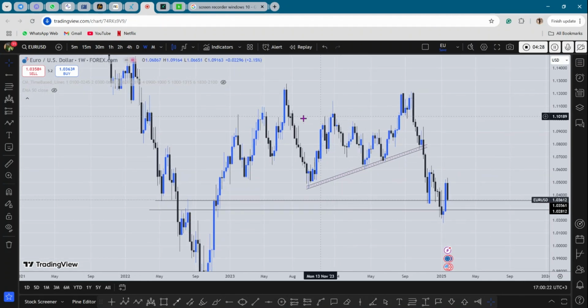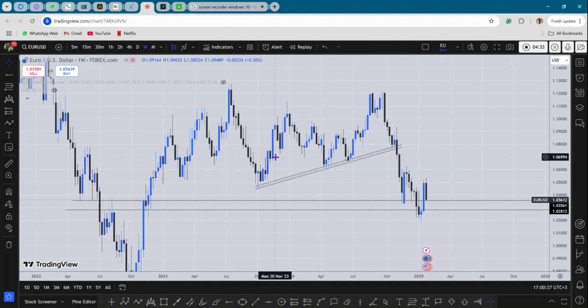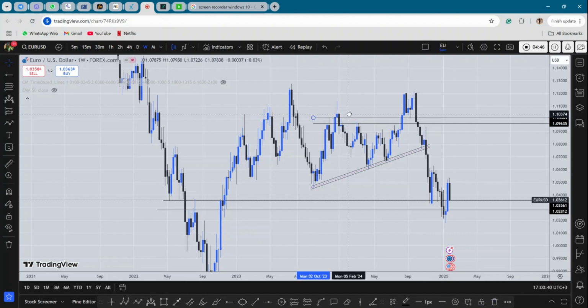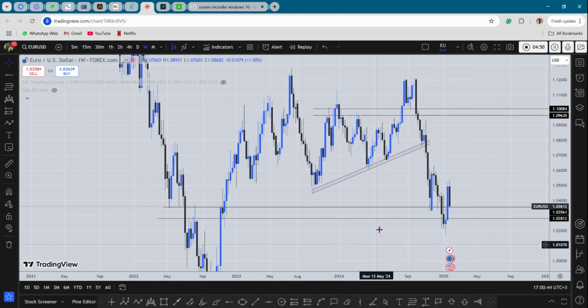I won't necessarily draw anything on the upper side, to avoid congestion. But for this video's purpose, I'll indicate that we have a very good reactive zone somewhere around here, and I use these lines just to identify my zones before I mark them up.